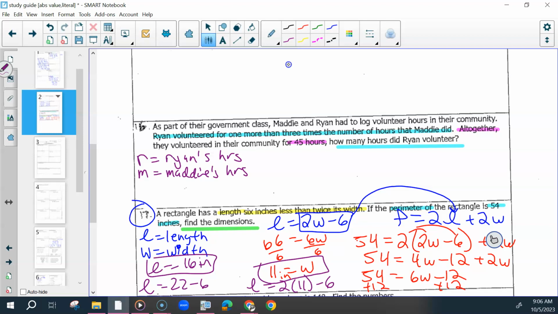Okay, we can set up an equation for Ryan. 1 more than 3 times the number of hours Maddie did. How could we write that?